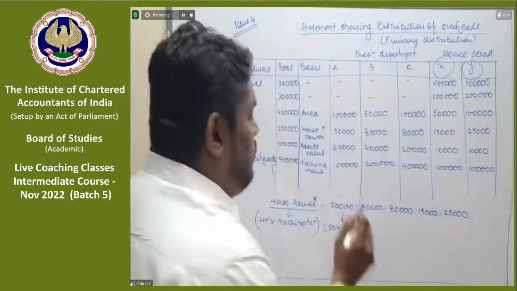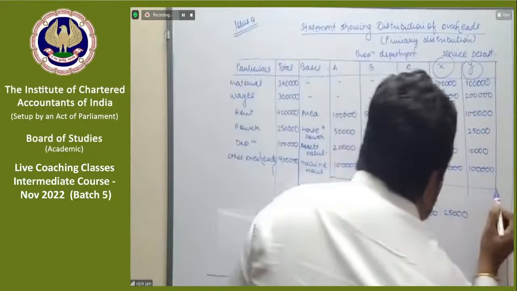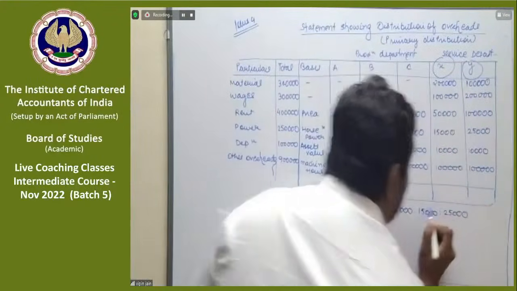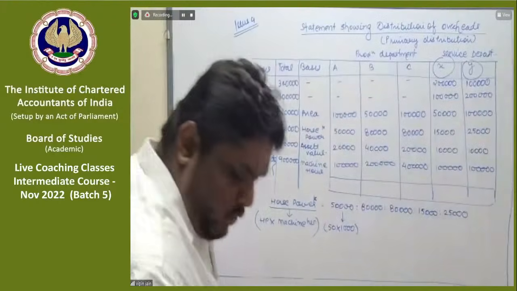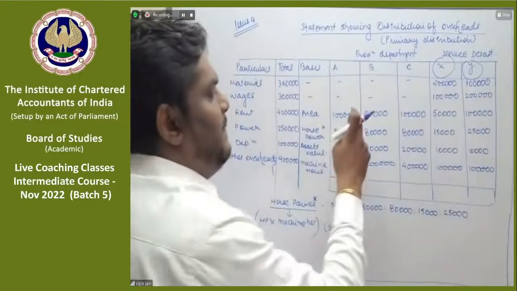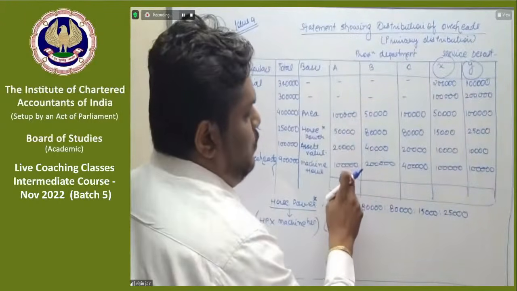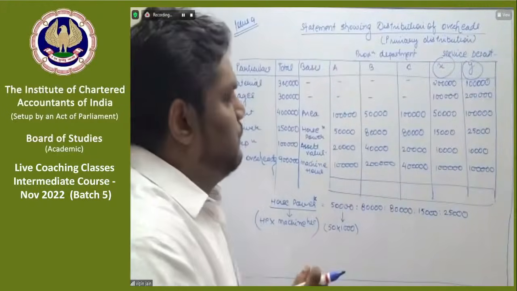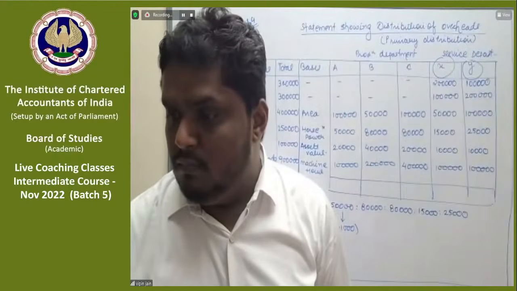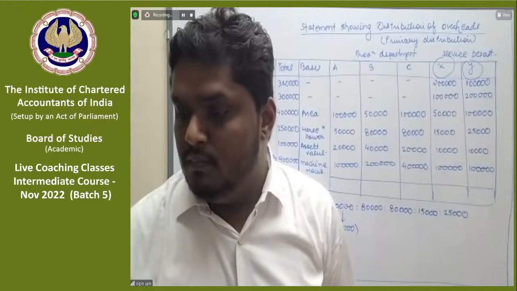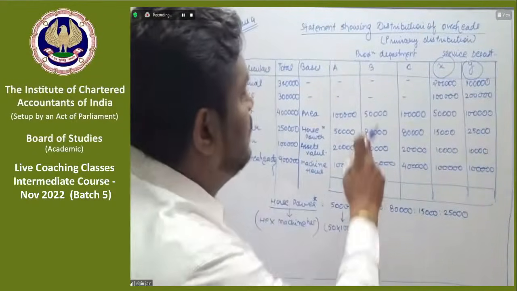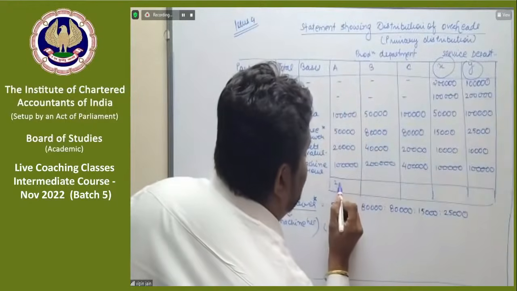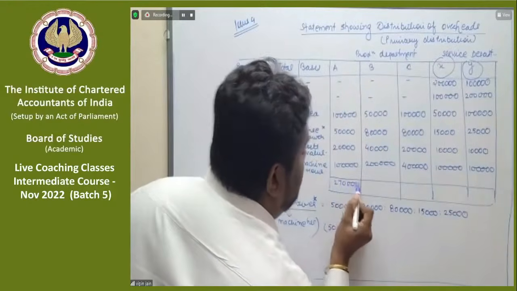So guys, this is all about the distribution of overheads that we discussed in the previous session also. So now we have the total overheads of each and every department, that is 1 lakh plus 1 lakh, 2 lakh plus 70, so this will be 2 lakh 70,000.